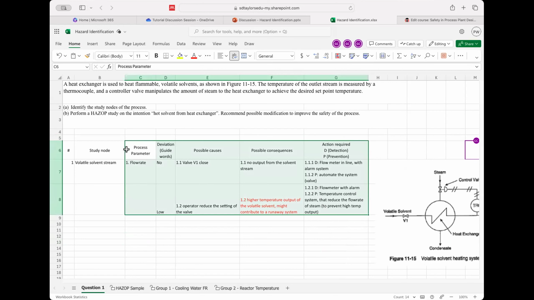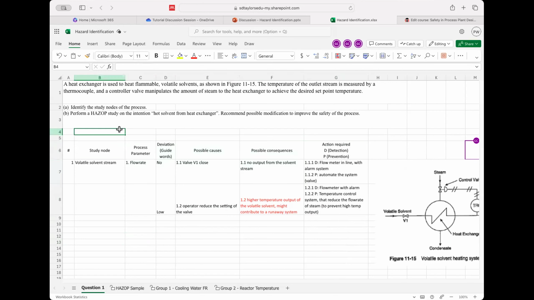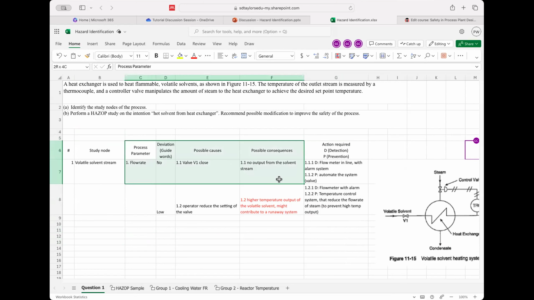If you have these 5 columns, because sometimes people put the study notes in the table, it doesn't matter. But in your HAZOP table, these 5 columns are compulsory, it's a must. First is your process parameter, because it tells us which process you are looking at.